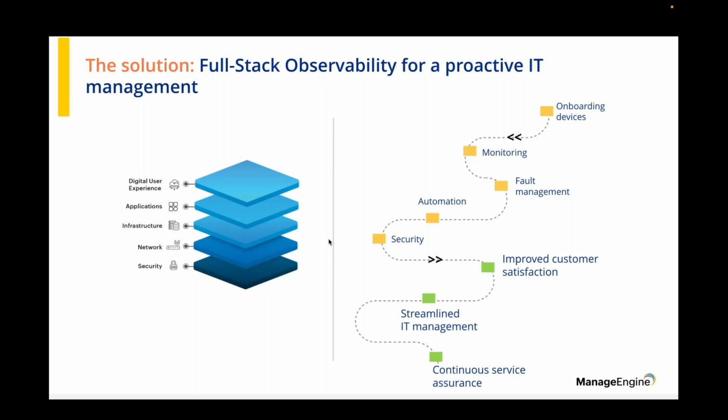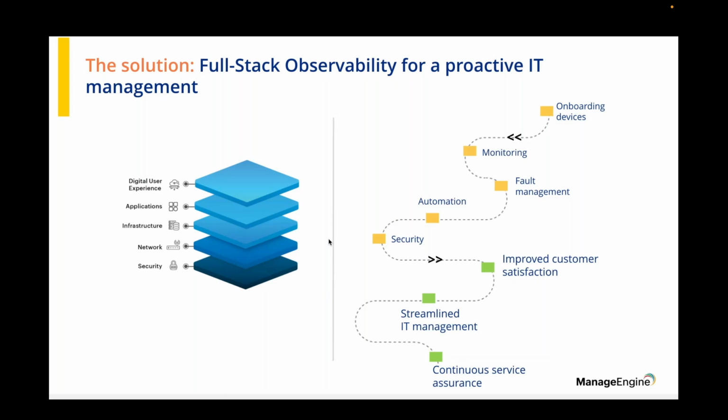To deliver this, we have a particular flow. The goal is to give improved customer satisfaction and streamlined IT management with processes. That means you don't just rely on smart people, because smart people come and go in IT, but a smart process stays for the organization.